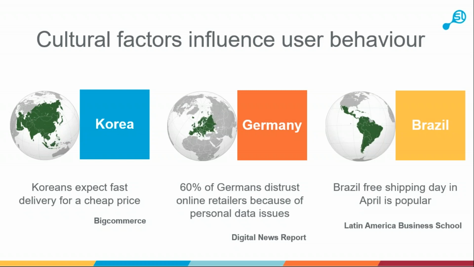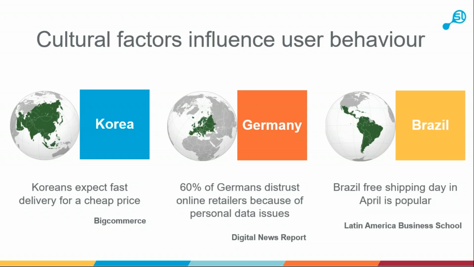And I know that Amazon launched here a few years ago, and they went with their USP of fast delivery. However, it didn't really resonate with the Korean audience, as Koreans expect either a one-day or same-day delivery, and they expect it for a relatively cheap price as well. So there really was no USP to exploit there.